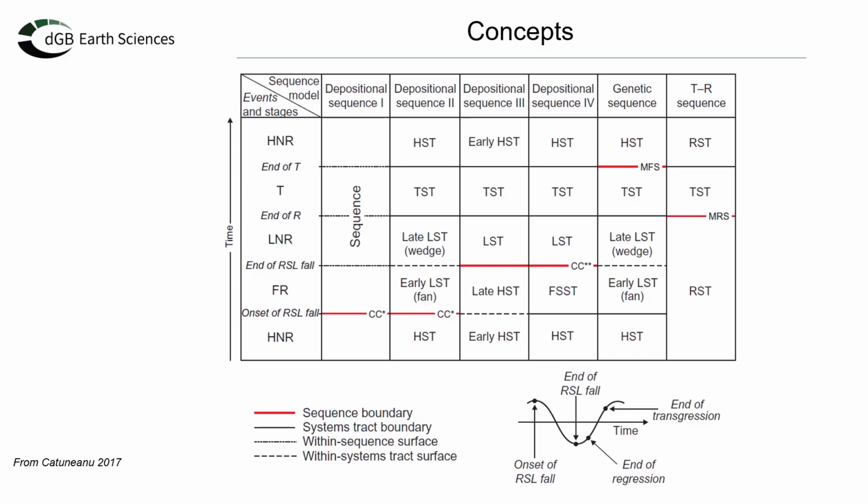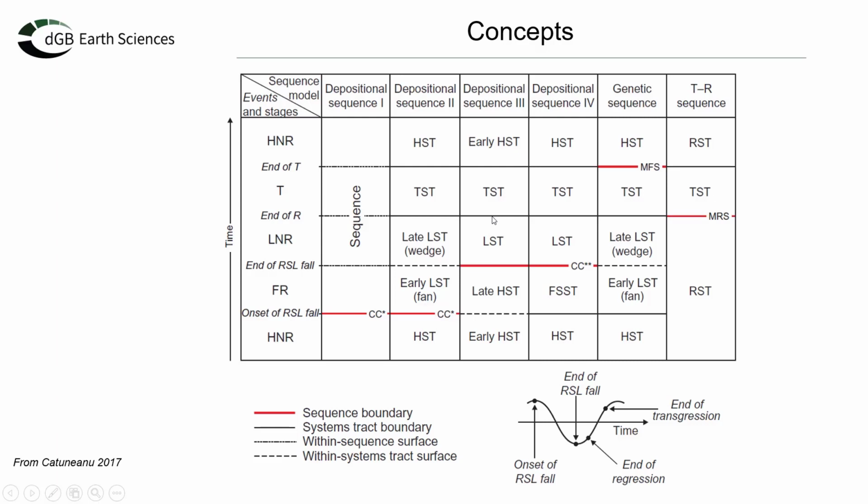So for example, in the depositional sequence number 3, our sequence boundary is at the end of relative sea level fall. But in a genetic sequence, it would be at a maximum flooding surface at the end of a transgression.